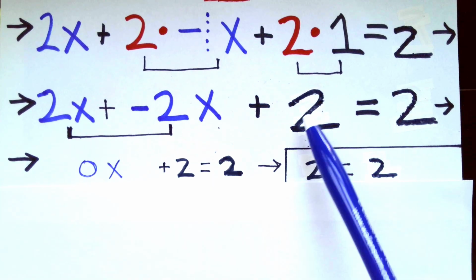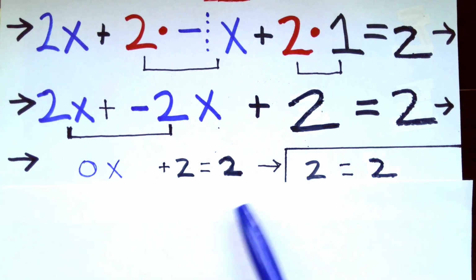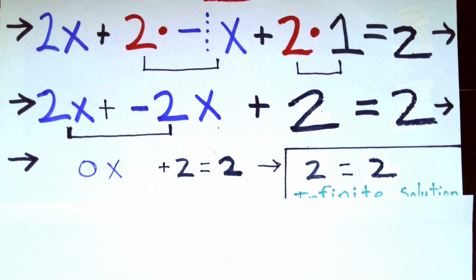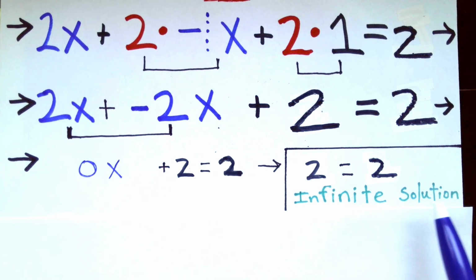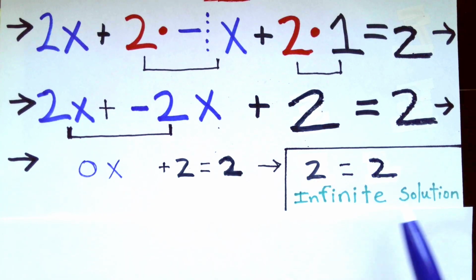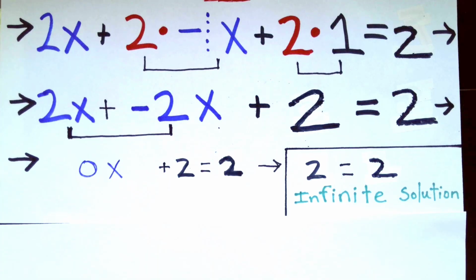And so I'm left with 2 equals 2. And as I showed you earlier, anytime you get that using the substitution or elimination method, you're going to get what's called an infinite solution. So this answer goes on forever and ever. It's an infinite solution. Okay. I'll show you how this makes a little more sense when we graph an infinite solution.